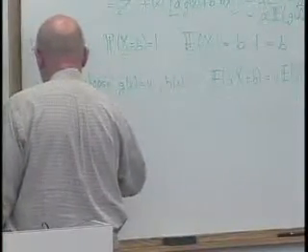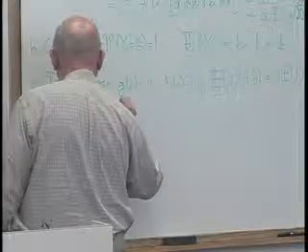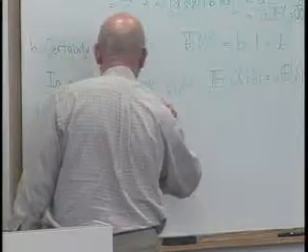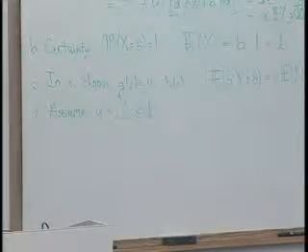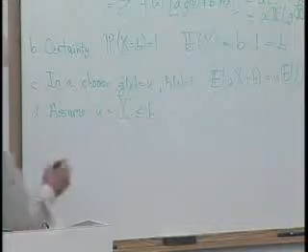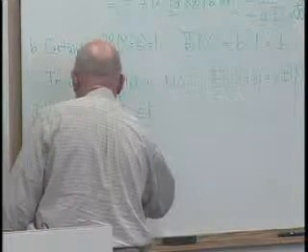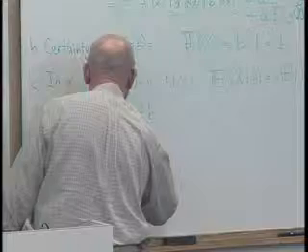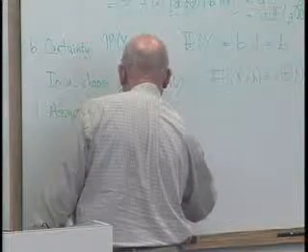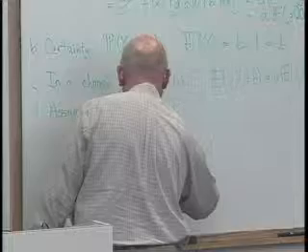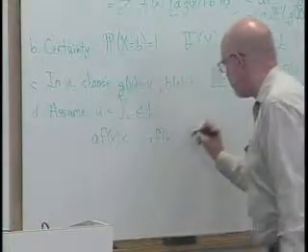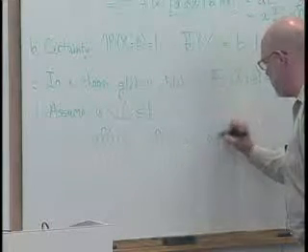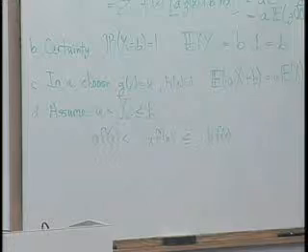I'm going to assume that the random variable X is greater than A and no greater than B. And I can certainly therefore say that A times the mass function f of x is less than or equal to x times the mass function f of x is less than or equal to B times the mass function f of x.